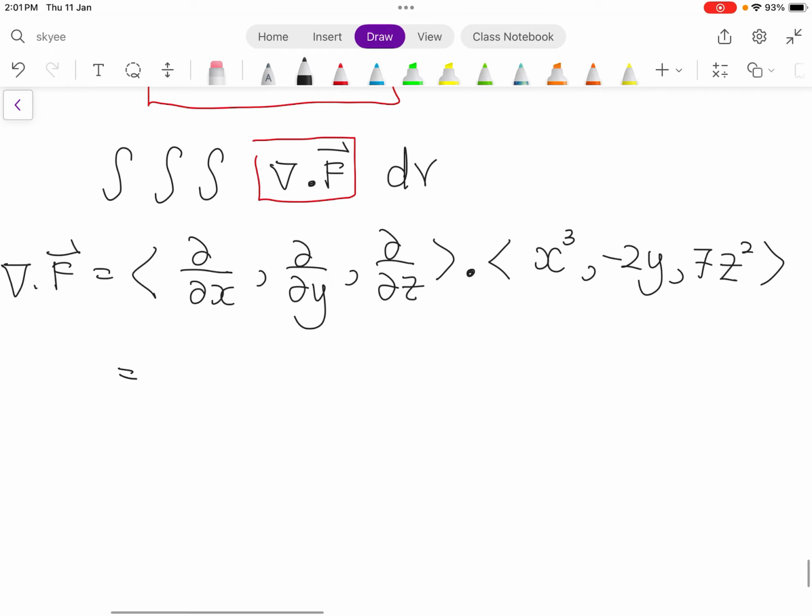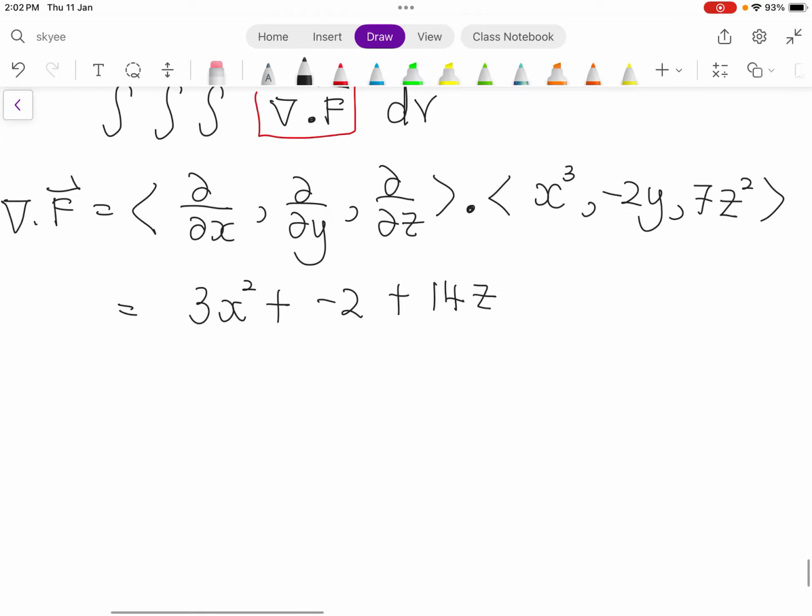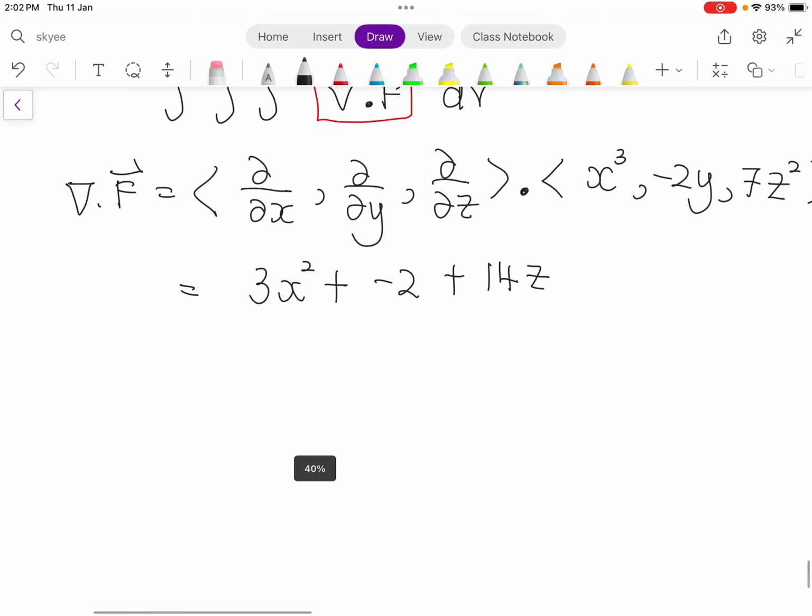So we differentiate with respect to x, we get 3x squared, negative 2, and plus 14z. So this will be the equation.